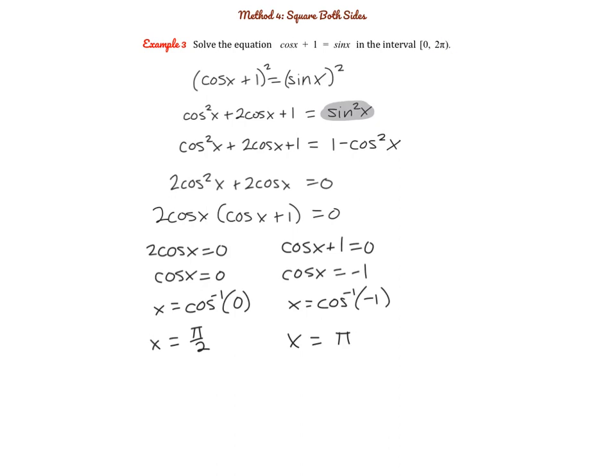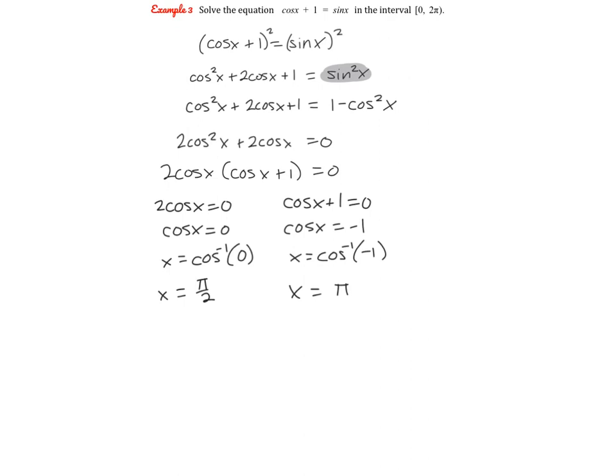So here, for pi over 2, I know that cosine of 3 pi over 2 is also equal to 0, so that will be an additional answer here. But I know for -1, it only happens at pi in that first rotation. So here I have exactly 3 answers: pi over 2, 3 pi over 2, and pi.